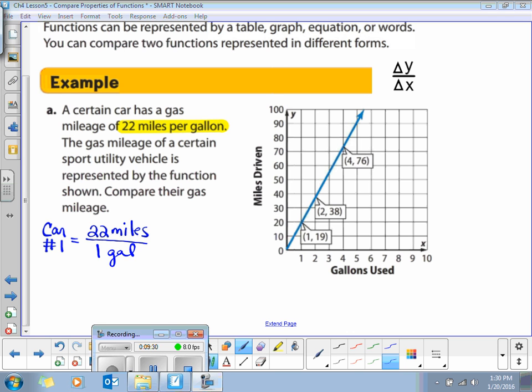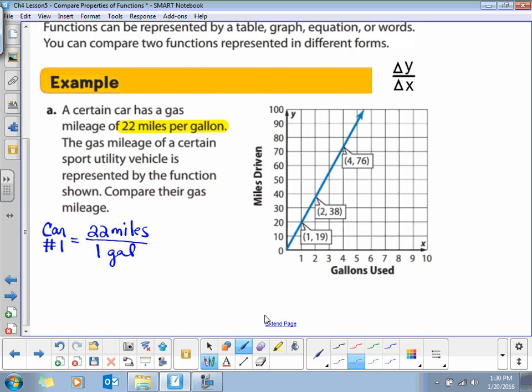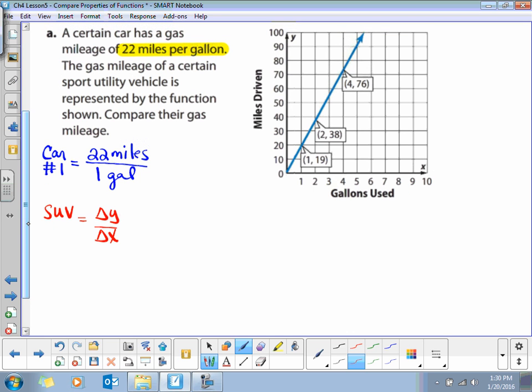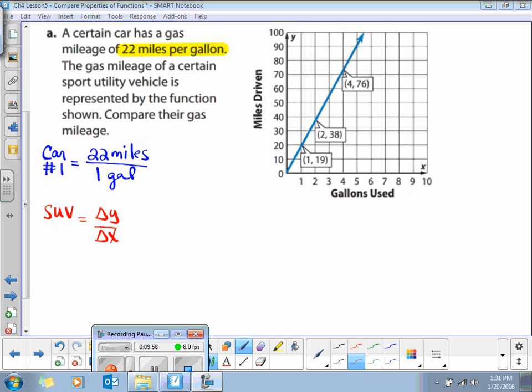For the SUV, we want to look at the delta Y over delta X in order to find our miles per gallon, right? So, I'll do this one in red. And for the SUV, we want to look at the delta Y over the delta X. Now, how am I going to get that information?